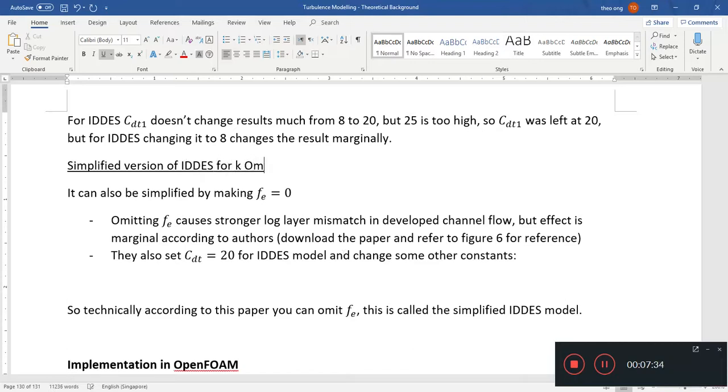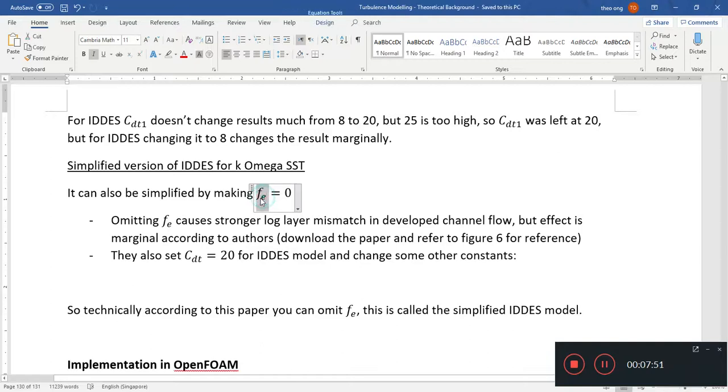What the authors thought was, this FE function was kind of redundant, because this function actually behaves more strongly in the Spalart-Allmaras model as compared to the K omega SST model. This is to prevent the log layer mismatch. And so they thought, okay, let's simplify the whole thing by getting rid of it.